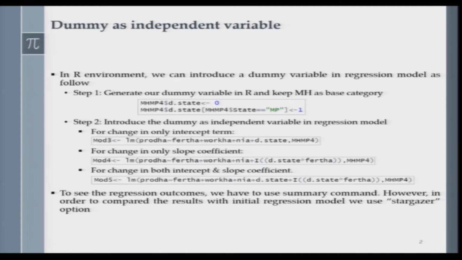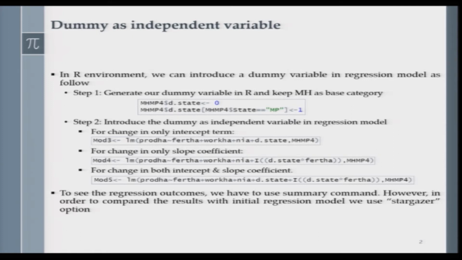Now, I want to create a dummy variable, and I want to declare that if the observation is from Madhya Pradesh state, then I am going to assign value 1 to the dummy or indicator variable.